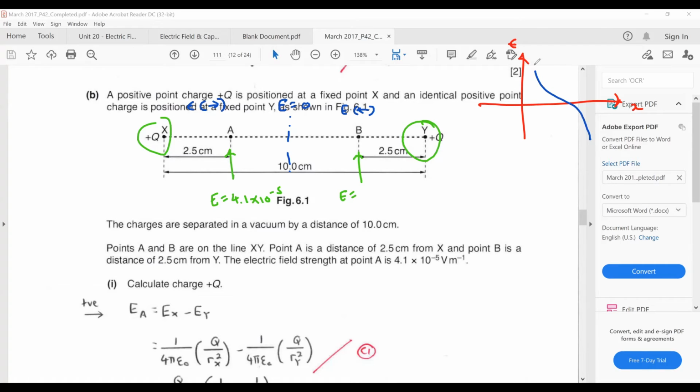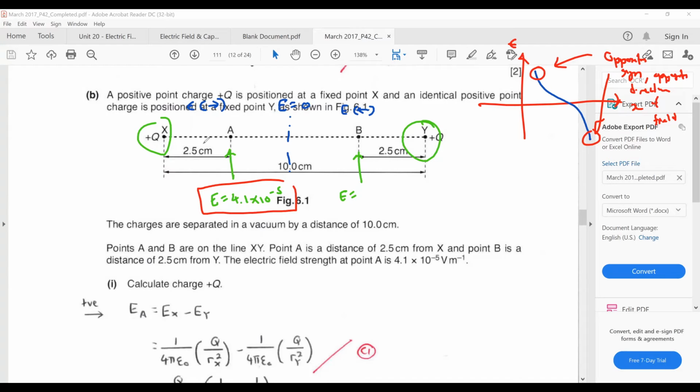The thing I mentioned to you to look at is the fact that they have opposite sign, meaning opposite direction of field. So now here you know that this one here is 4.1 times 10 power minus 5. And then the more I go towards this side, eventually my field strength will change direction. There will be a point where it is actually 0.